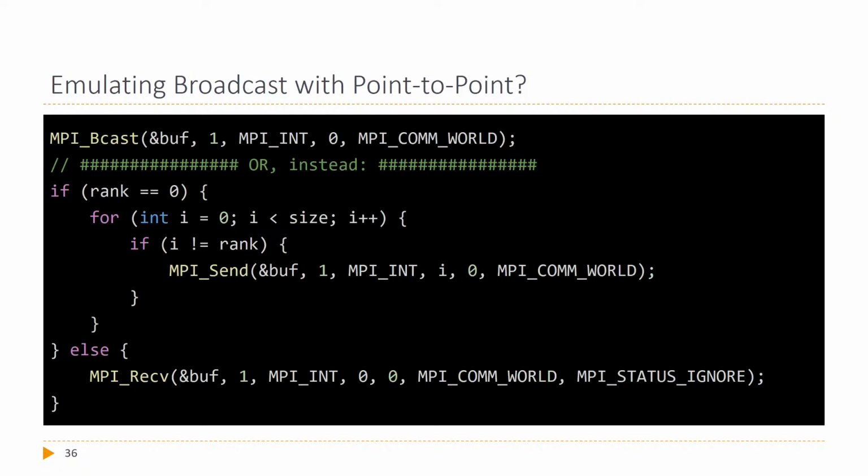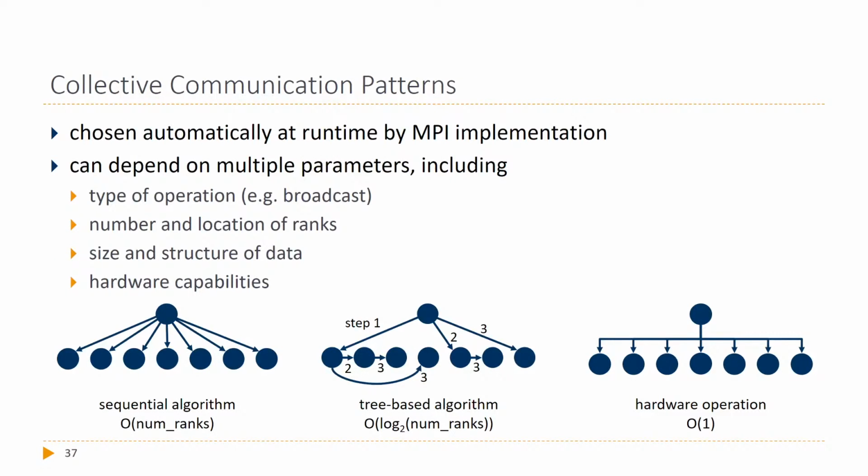Now, all of this is in terms of productivity, but as I mentioned before, it's also about performance, and I promised you a slide on that. Here it is. Collective communication patterns have the advantage that they give MPI the freedom of choosing automatically at runtime not what should happen, but how it should happen. This can depend on multiple parameters.